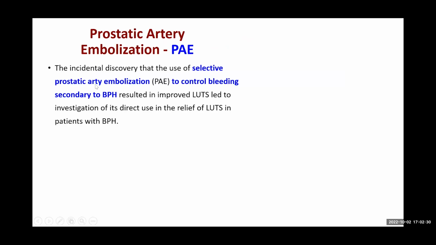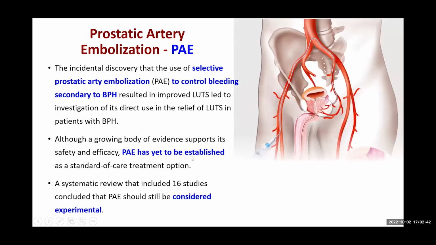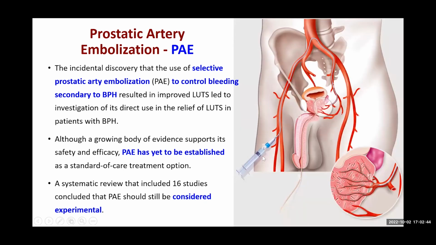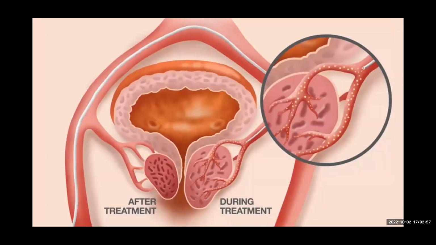And then embolization, selective prostatic artery embolization to control bleeding secondary to BPH. This PAE, prostatic artery embolization, has yet to be established. Okay, you go through the femoral artery and then go back into the prostatic arteries, and you inject some material that will cause embolization over here, and it will destroy the prostatic tissue.